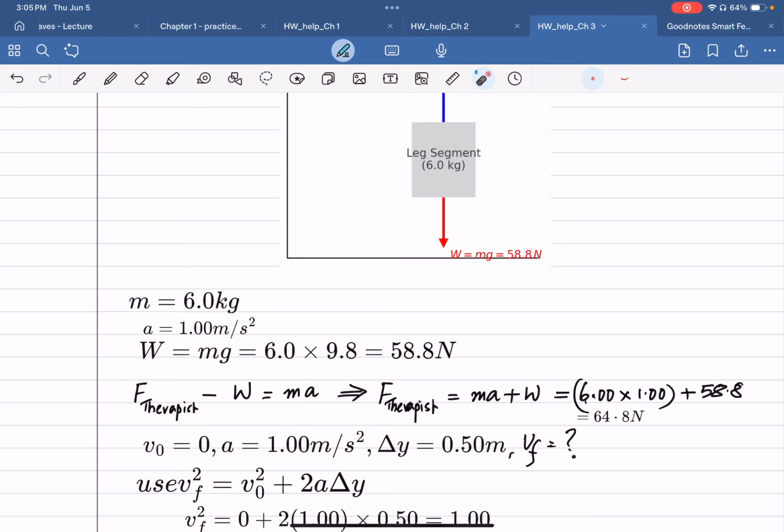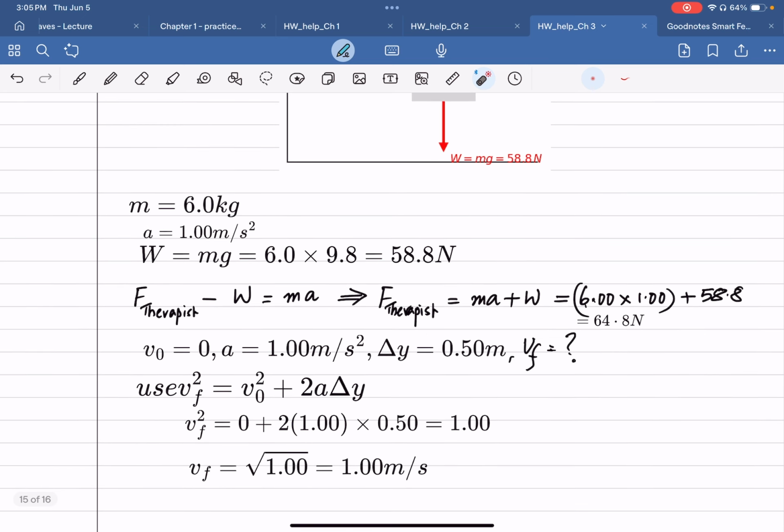So use Vf squared is V naught squared plus 2a delta y. Substitute carefully, 2 times a times delta y comes out to be exactly 1.00. That is a square, but take the square root on both sides. Square root of 1 is just 1, so we have the answer.